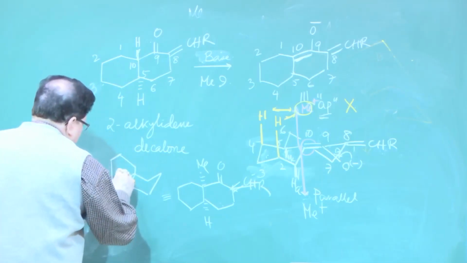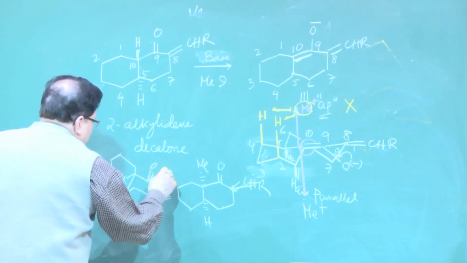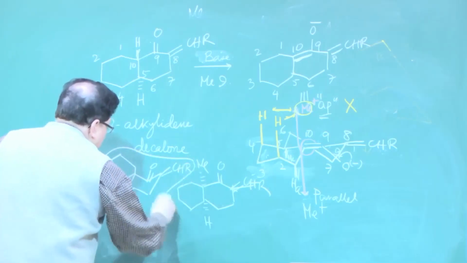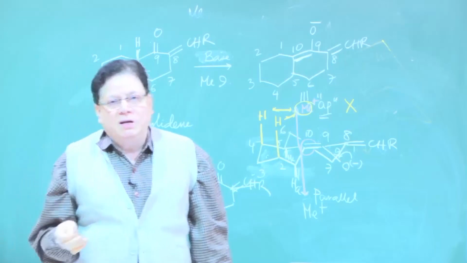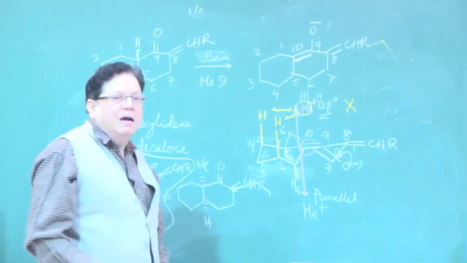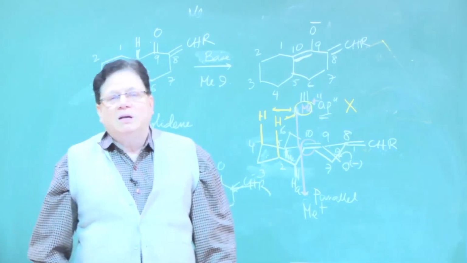So this is the methyl and this is the hydrogen. This is the carbonyl, this is CHR. Okay. So, this is the preferred geometry, because methyl will try to adopt the equatorial position. This molecule can flip, the methyl can flip to the axial position, but that will be the less stable one.